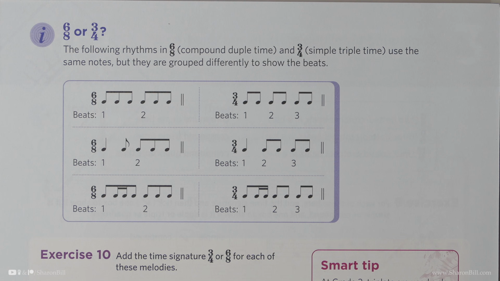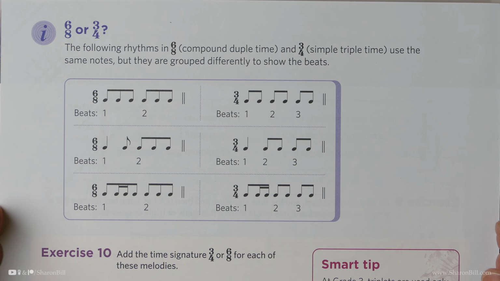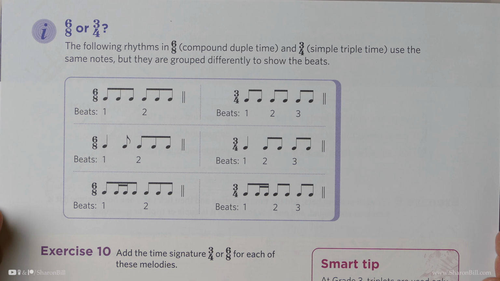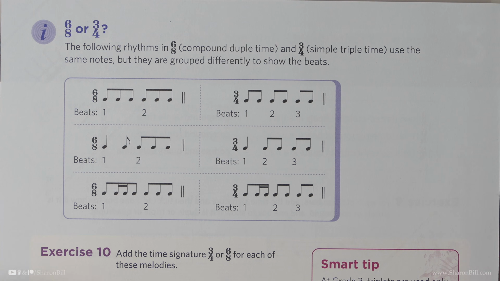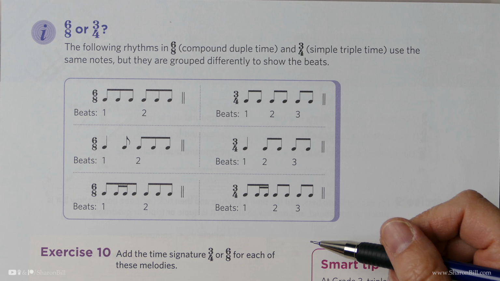Carrying on in the Grade 3 ABRSM Discovering Music Theory workbook, we move on to page 18, looking at the topic of compound and simple time signatures. And we look at the difference between 6/8 and 3/4, and we've already had a little peep at this in previous lessons, but let's look at this a little more closely now.